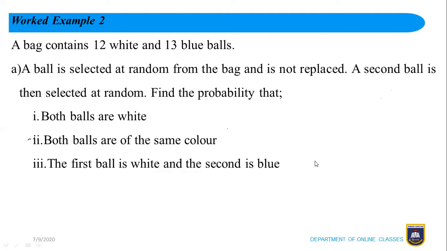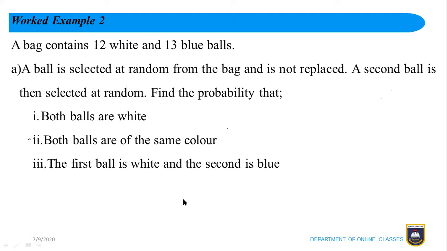Since we did not replace the first ball picked, the total number of balls will reduce to 24, making the probability that the second ball picked is white equal to 11 on 24. And with computation, you will get the answer. All right, I think that's fine.